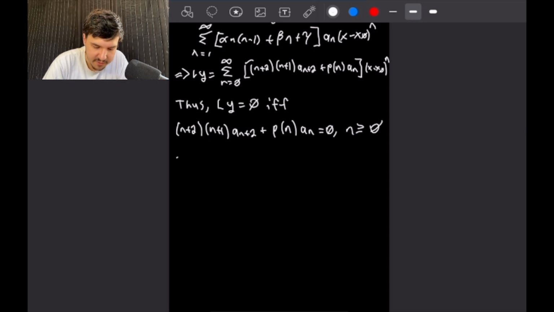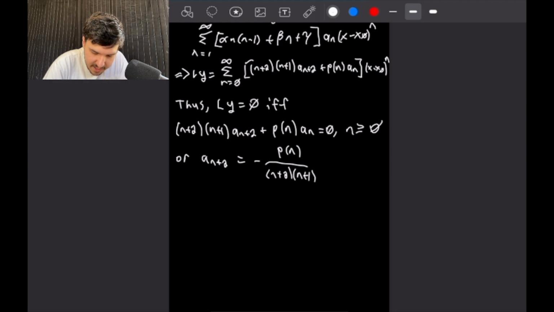But we can rearrange that so that we have the following, which should look familiar to you from our theorem, that a sub n plus 2 is equal to negative p sub n over n plus 2 times n plus 1 times our a sub n, and that will once again be for n greater than or equal to 0. And thus we have completed the proof of this theorem.